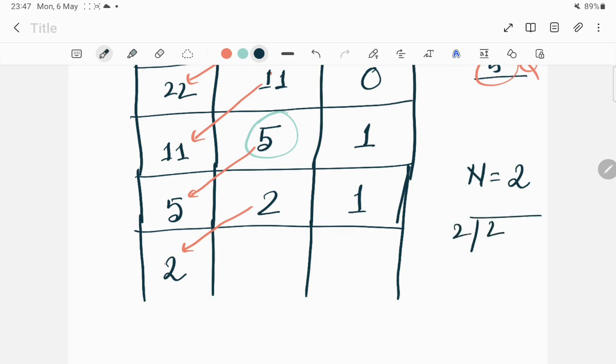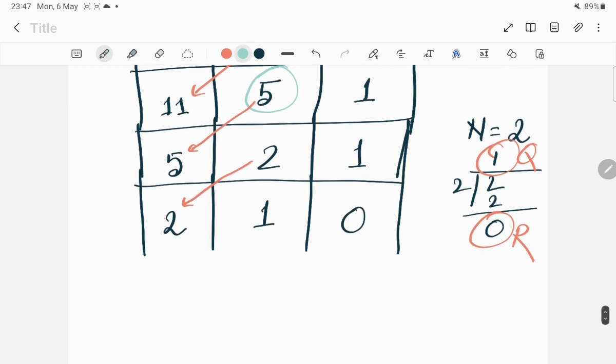So 2 divided by 2, 2 1s are 2, 0. So this is our quotient and this is our remainder. So here we have 2 1s are 2 and here we have 0.